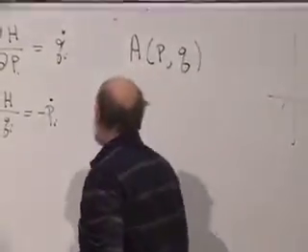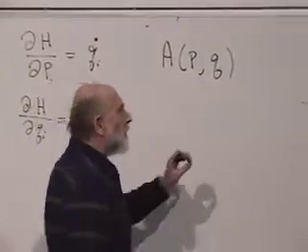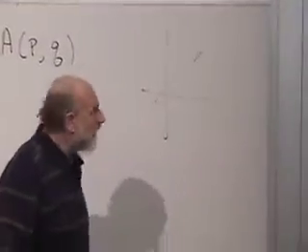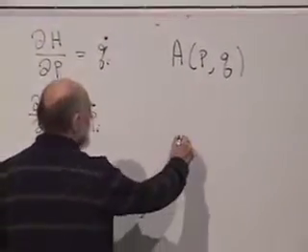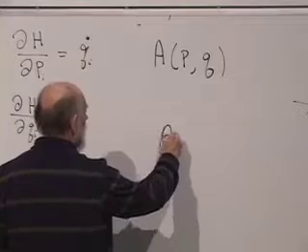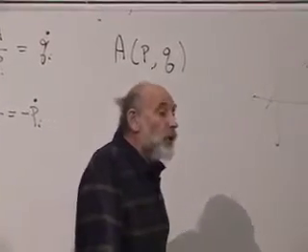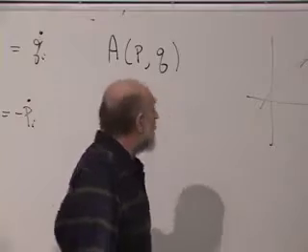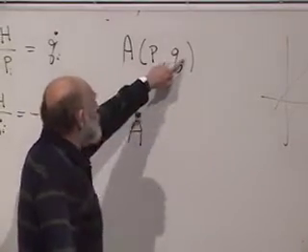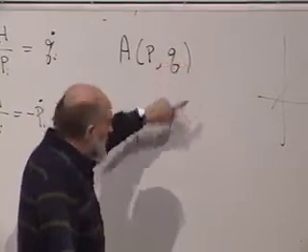How does A vary with time along a trajectory? Well, that's not too hard to figure out. Let's just differentiate it. A dot, this is the time derivative of A along the trajectory, assuming that A has no explicit time dependence.